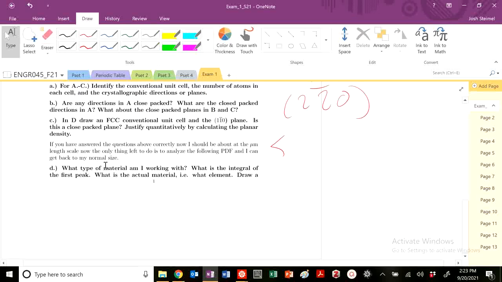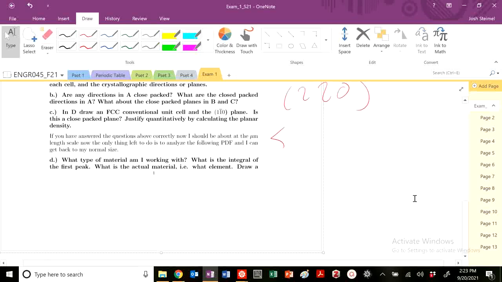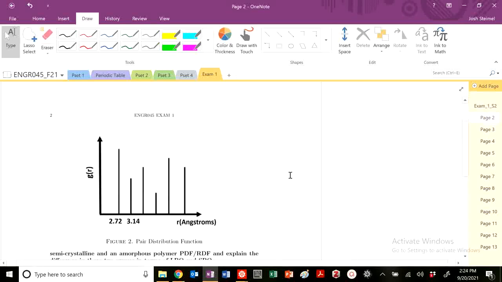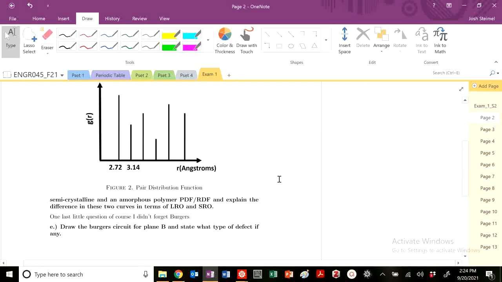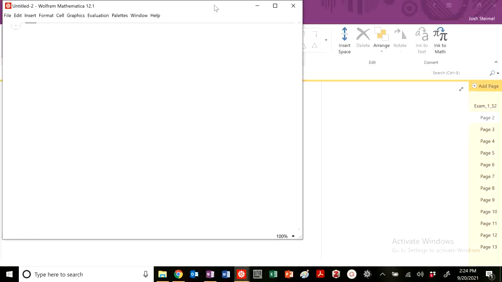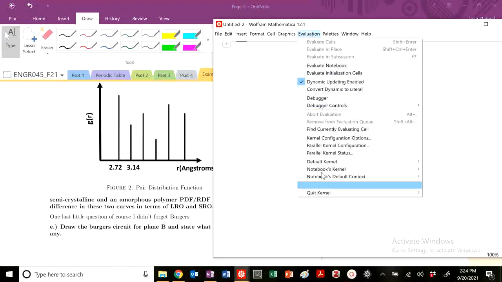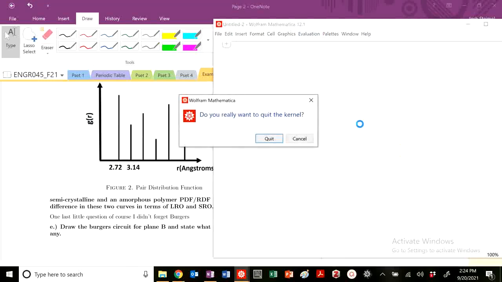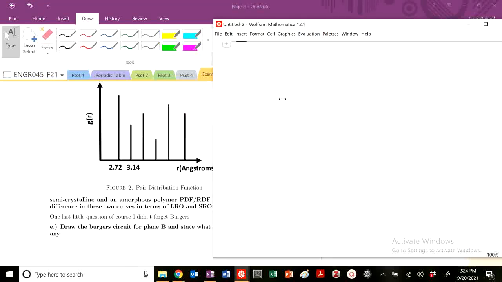All right. Now, I am looking at an RDF and a PDF. Yay! And you've seen this before. So let's look at these values. So I can tell that, let's go ahead and pull up a Mathematica notebook. Let's quit the kernel. And then let's go ahead and say that my 2.72 is equal to 2.